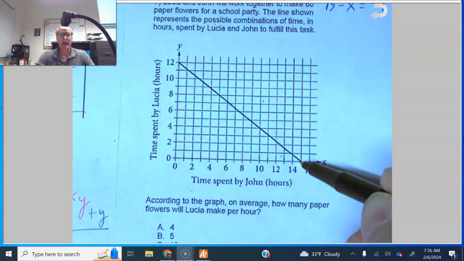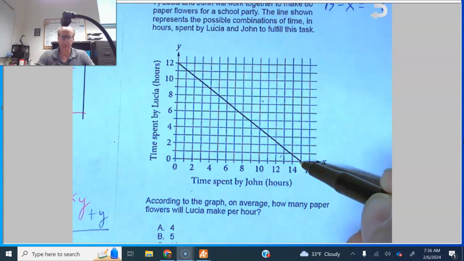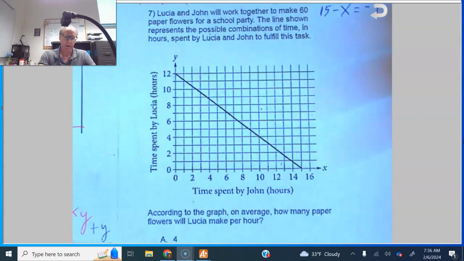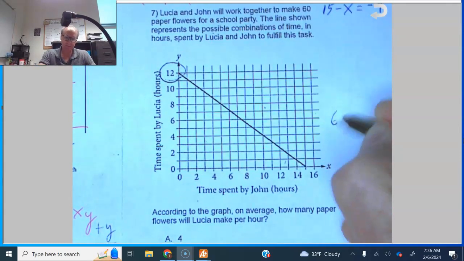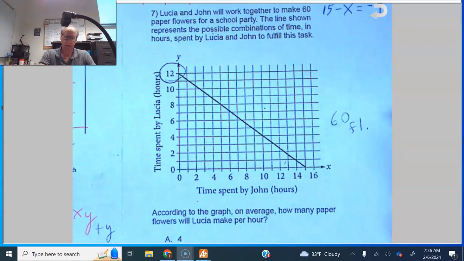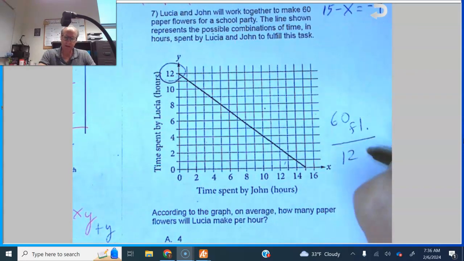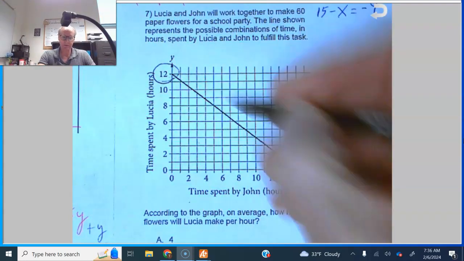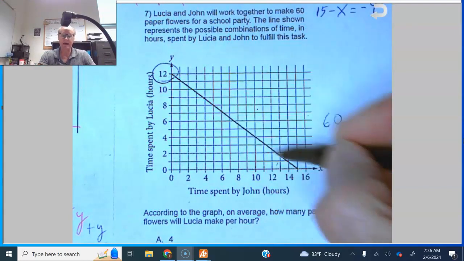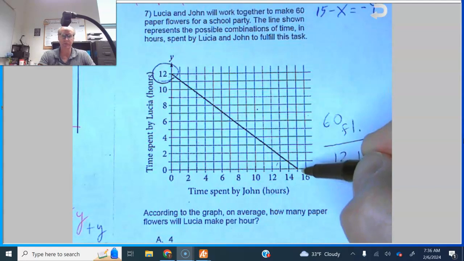According to the graph, on average, how many paper flowers will Lucia make per hour? Well, she can make the 60 flowers in 12 hours. Now, what's nice is you could literally go anywhere on this graph where there's an open number.